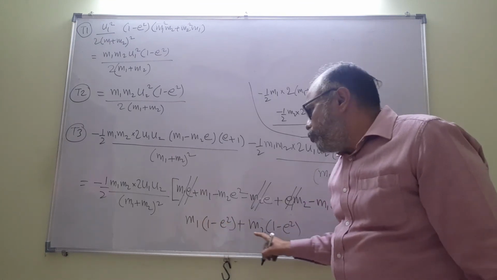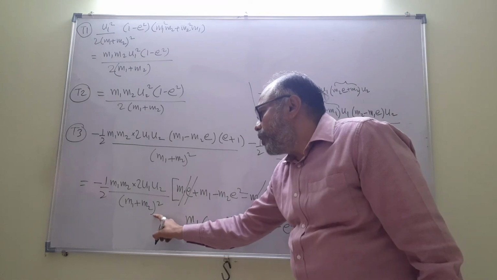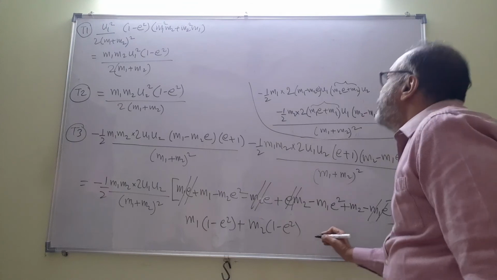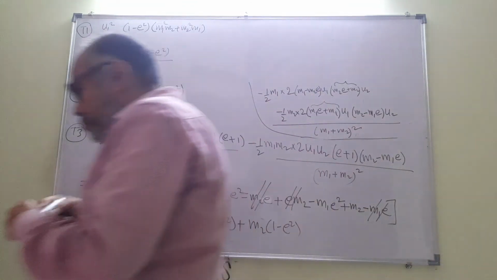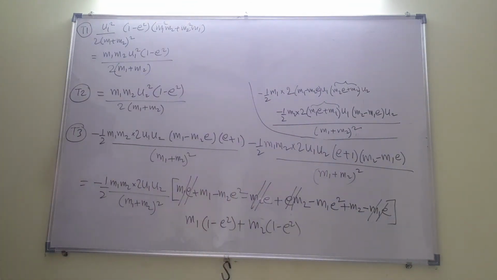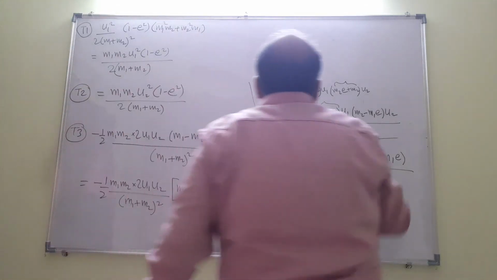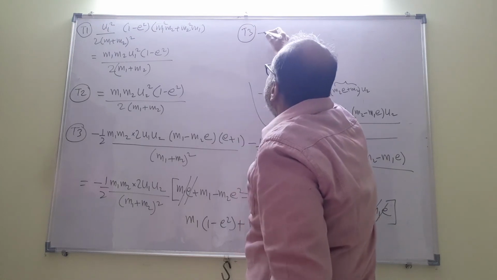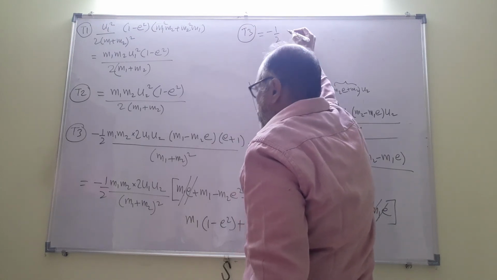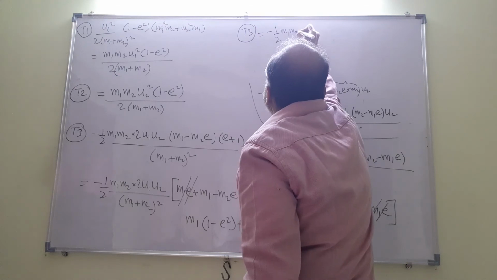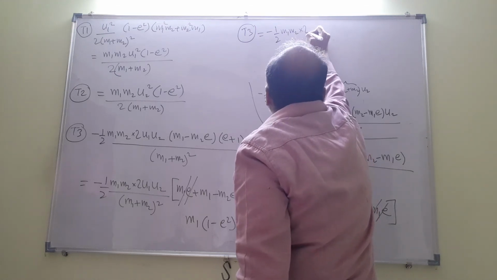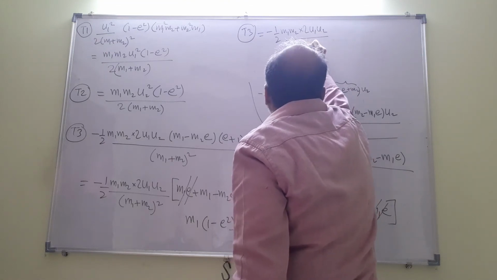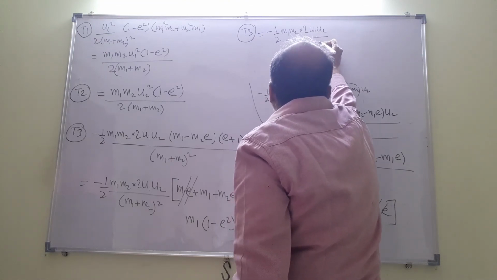That m1 plus m2 will cancel with one of this m1 plus m2 the whole square, and you will have basically, let me write it here, the third term, entering it here, will be minus half m1 m2 into 2u1 u2 by m1 plus m2 the whole squared.